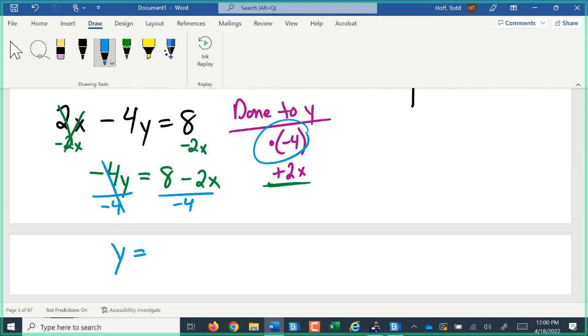We have y equals 8 divided by negative 4 is a negative 2. A positive divided by a negative is a negative. Negative 2x divided by negative 4, well, a negative divided by a negative is a positive. 2 divided by 4 is going to be 2/4. 2/4 reduces to 1/2. That's a positive 1/2 x.